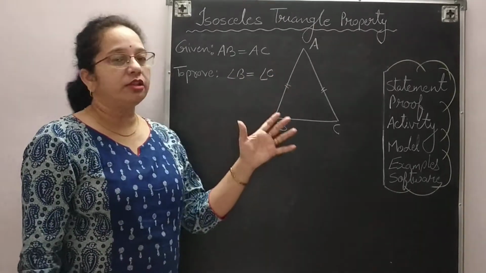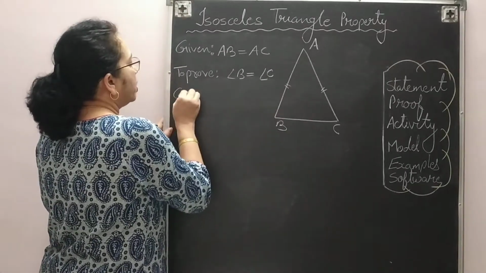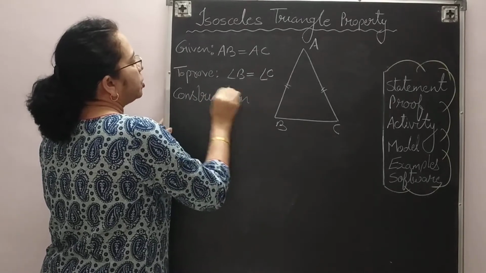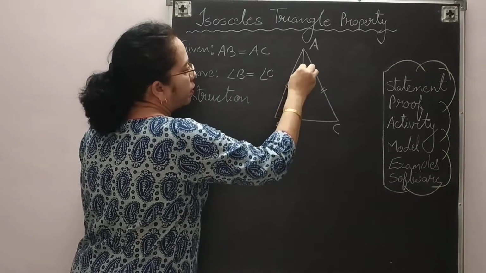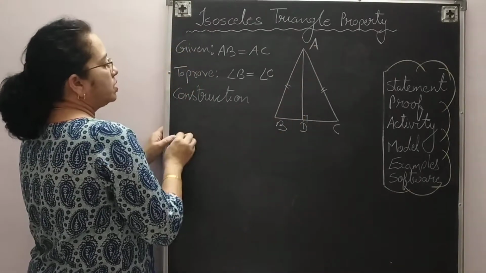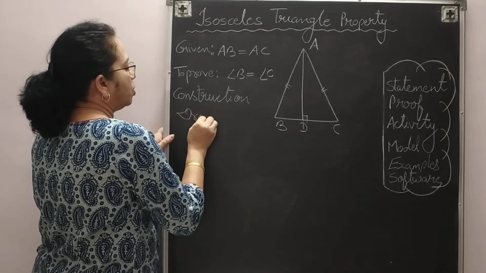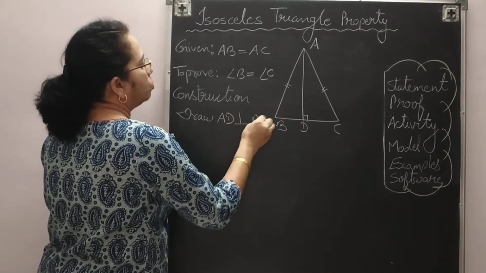And in earlier theorems also you have seen that we are doing some constructions. So here also we require one construction. From A we will draw one perpendicular, that is AD. We will draw AD perpendicular to BC.